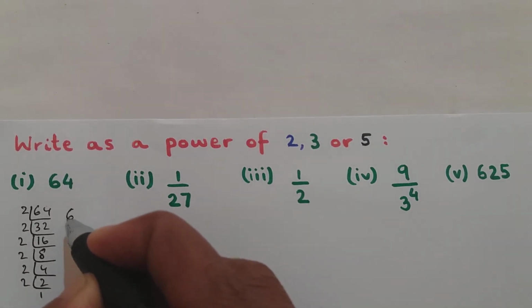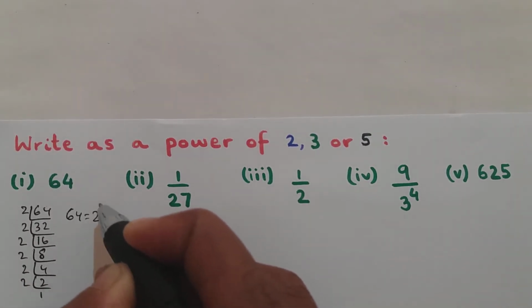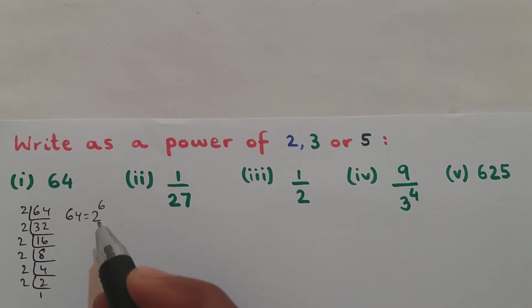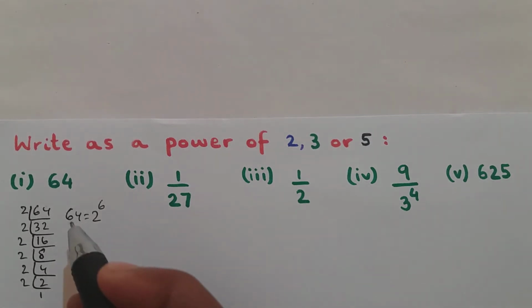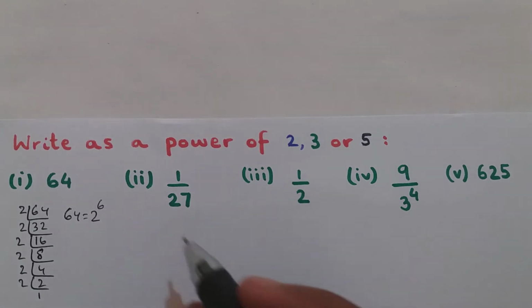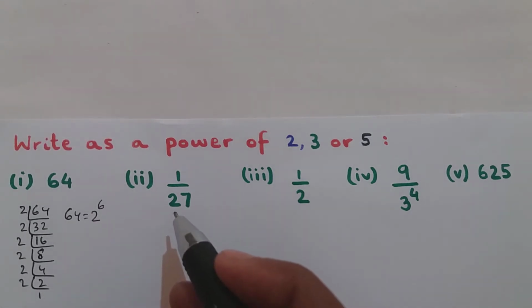So I can write 64 as 2 raised to the power 6. So I have written 64 as a power of 2. Now let us go to the next expression.